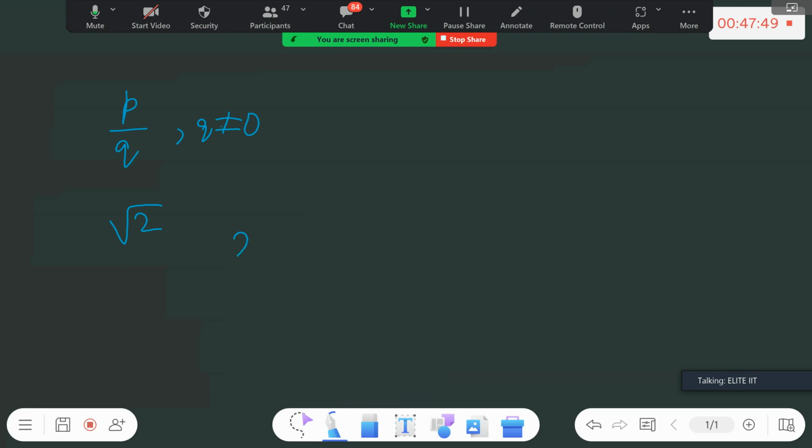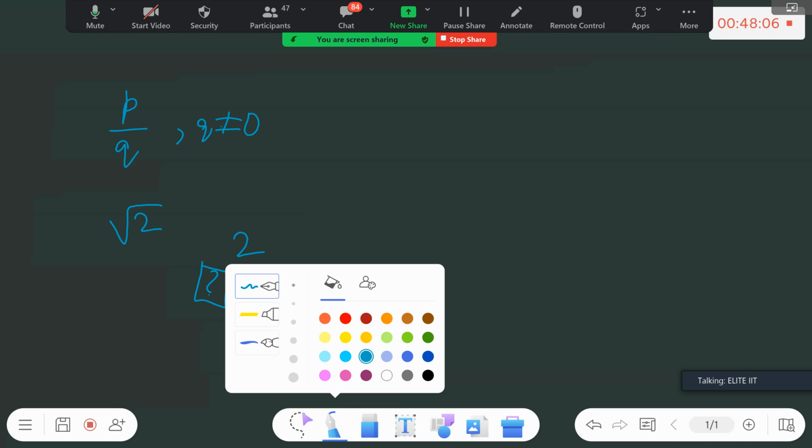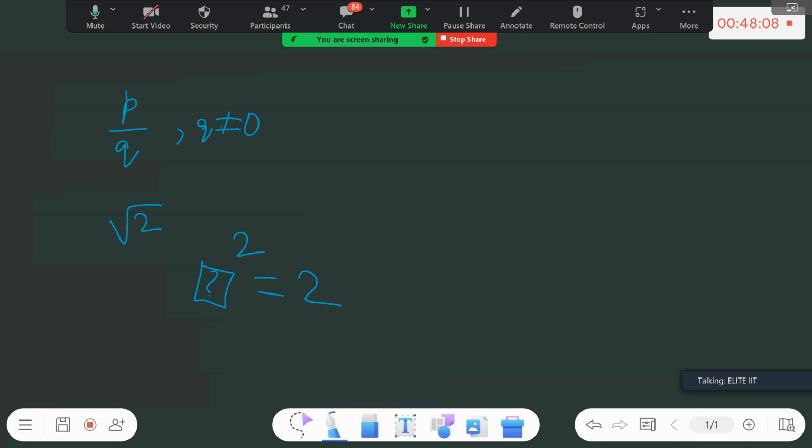It means square of what will give you 2. You cannot find any such rational number. There is a square root of 2, but that number is actually not rational.